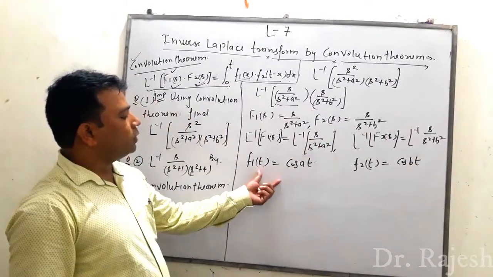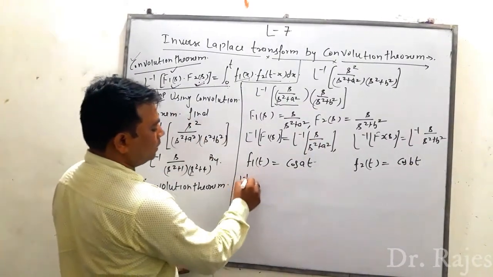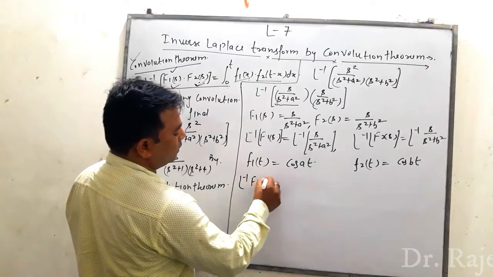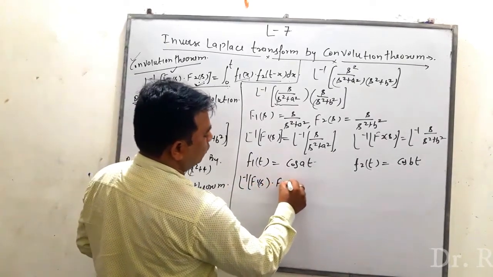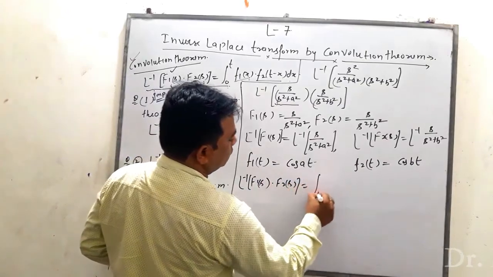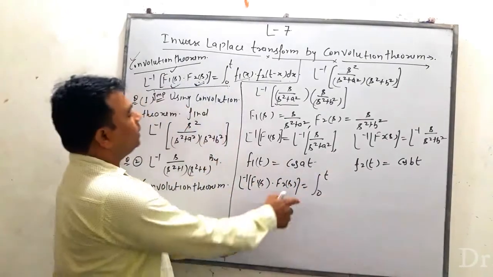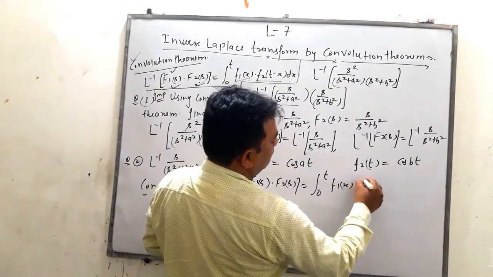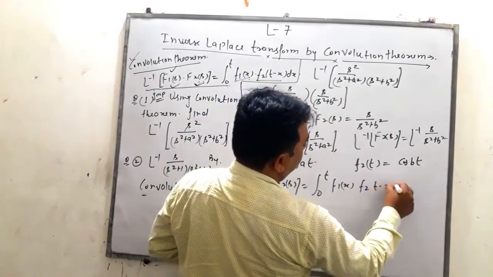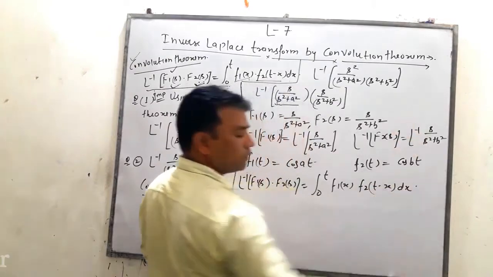Then by the convolution theorem, Laplace inverse of F1(s) F2(s) equals the integral from 0 to t of f1(x) f2(t minus x) dx.